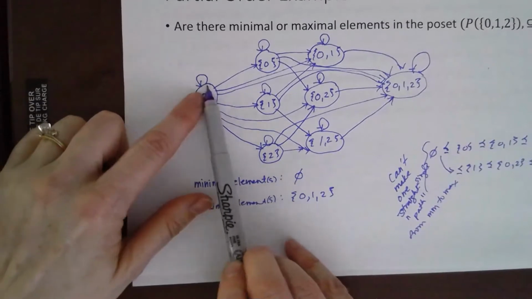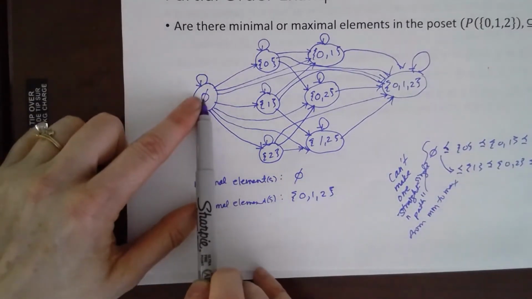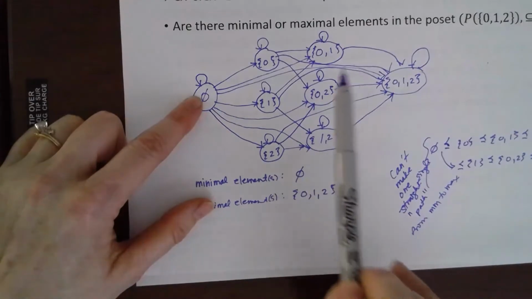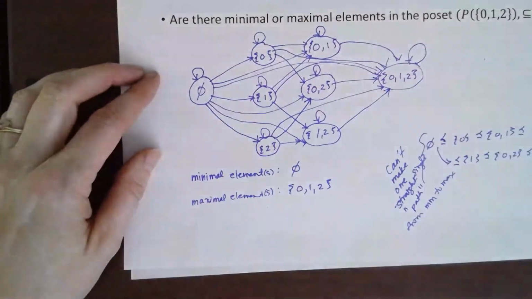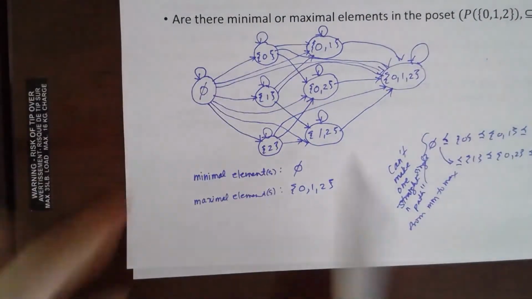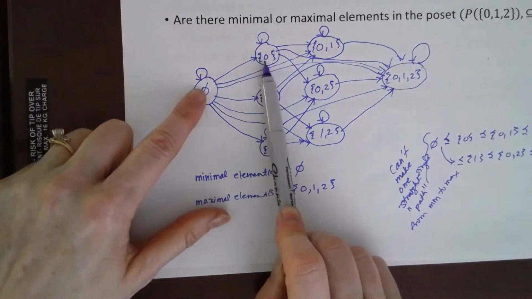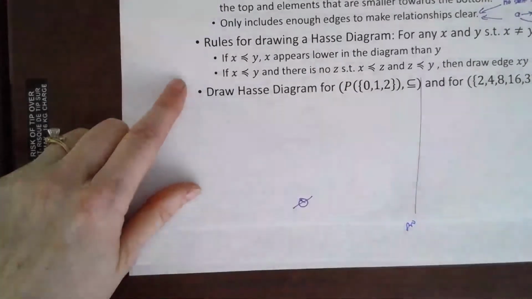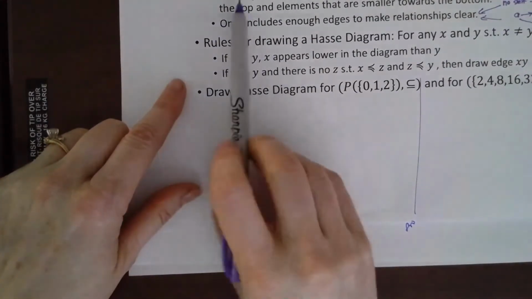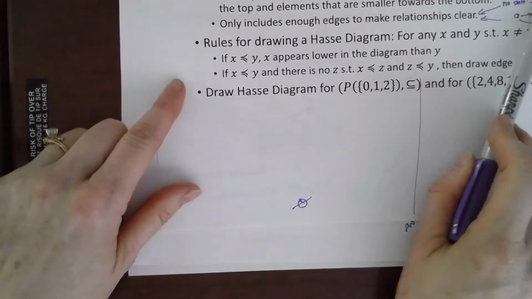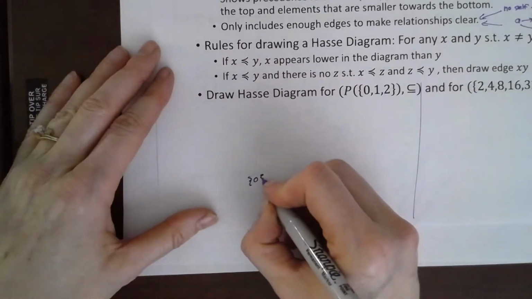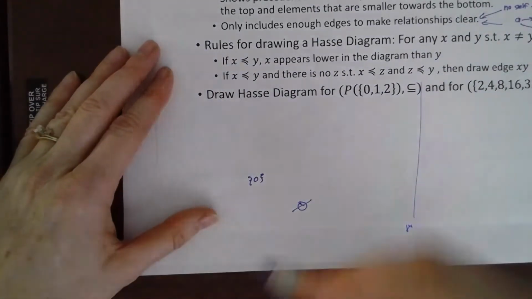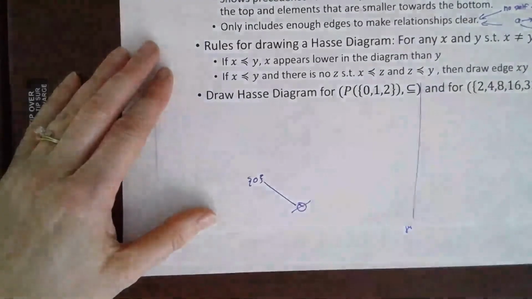There's nothing in between here and here where I can say the empty set is related to this, and that's related to this one, because all the arrows go in this direction. So there's nothing in between the empty set and the set containing 0. So I'd have to put that edge there. So I'm going to include this one. And notice it's going to go higher in my diagram, okay? Anything that's greater is going to go up higher in the diagram. So I'm going to put the set containing 0 up there, and I'll put an edge between them.